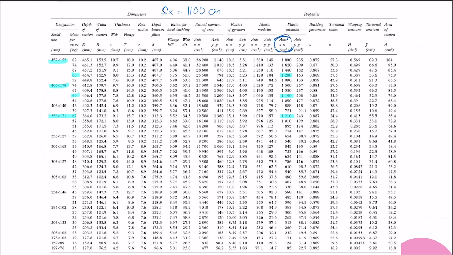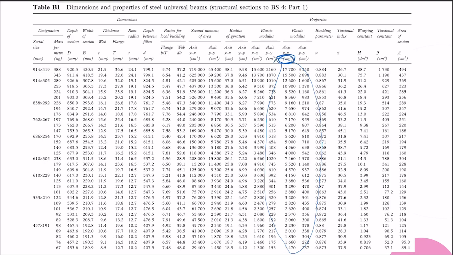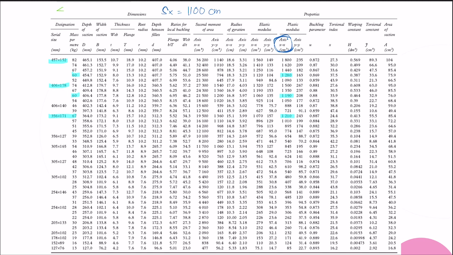So we have 3 of these. The first is 457 times 152 times 60 kg per meter UB. Okay, that was one, this is one. We have 406 times 178 times 60 kilogram per meter UB.